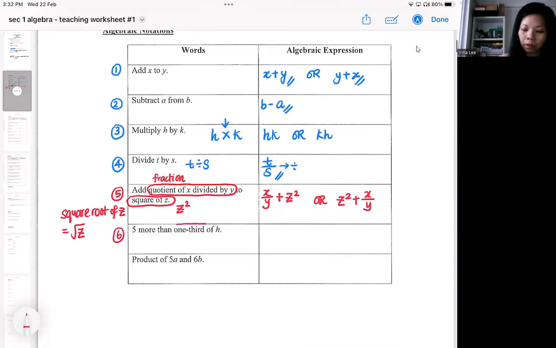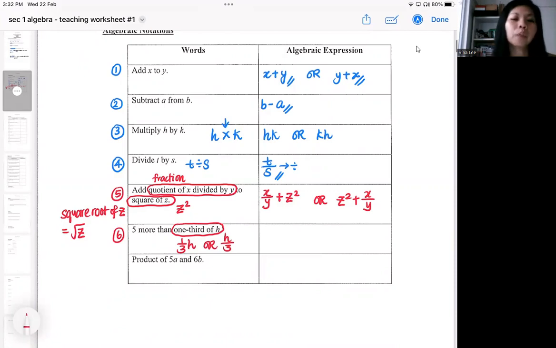Okay, 1/3 of h, you think about h divided into 3 portions. 1/3 of something means you divide a pizza into 3 sections. So you get 1/3. Commonly we can write 1/3 h, or you can write it as h over 3. They are the same thing.